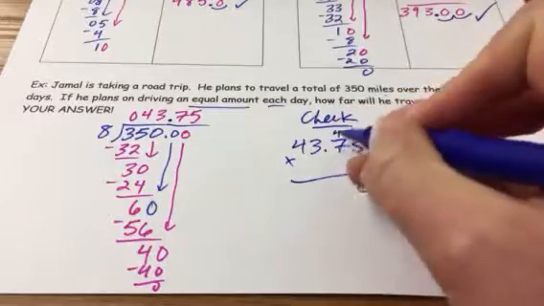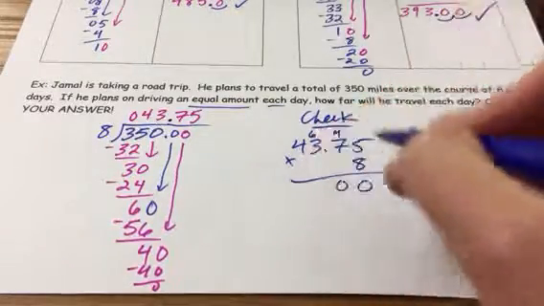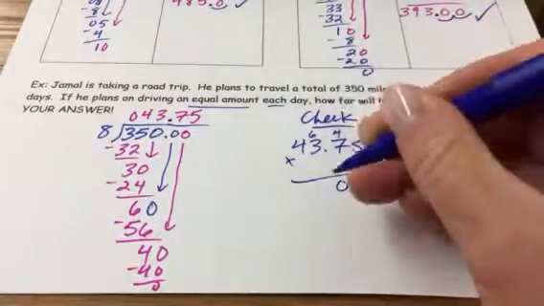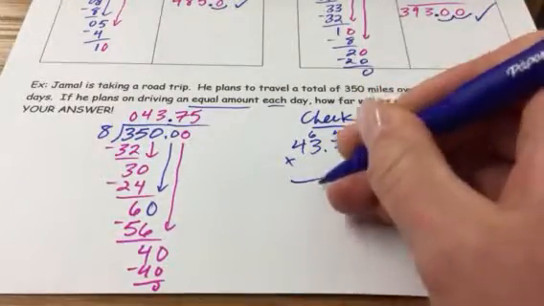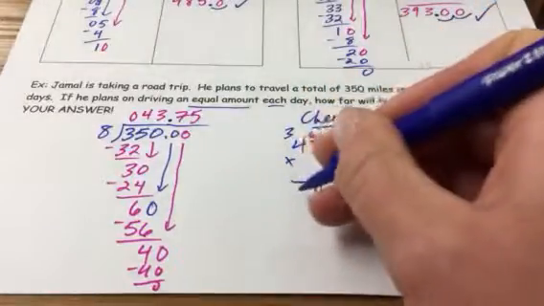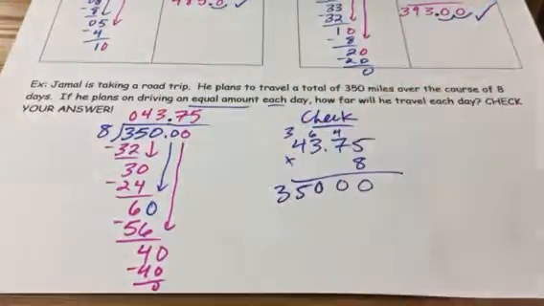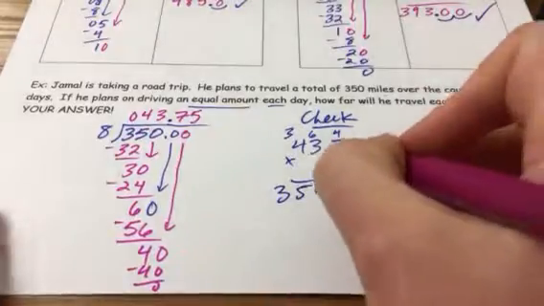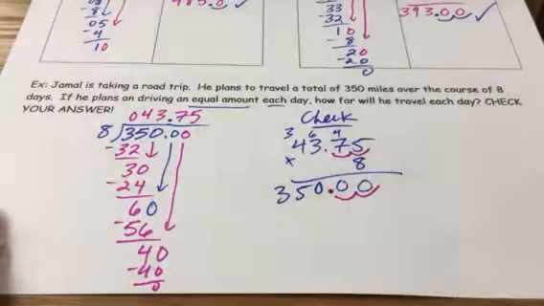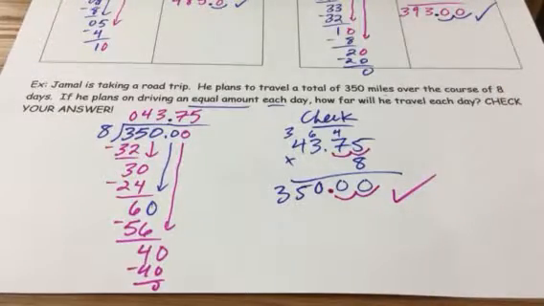Carry the 4, 56 plus 4 is 60, carry the 6, 8 times 3 is 24, plus 6 is 30, and then 32 plus 3 is 35. Let's see, I've got 2 decimal places. 2 decimal places. I'm back to 350, which I started with, so I know I am correct.